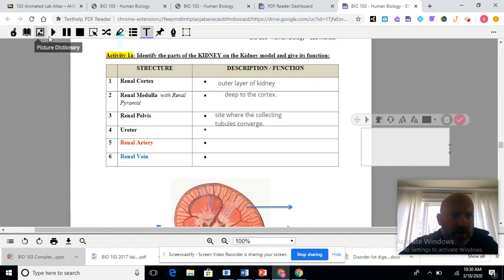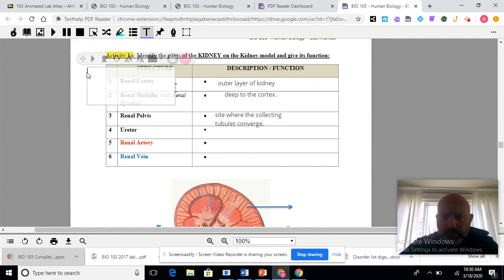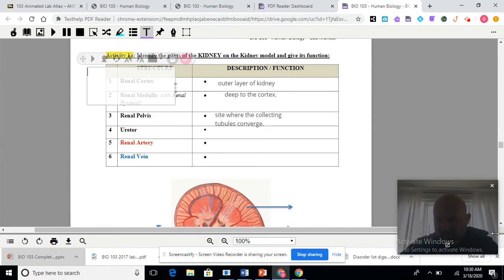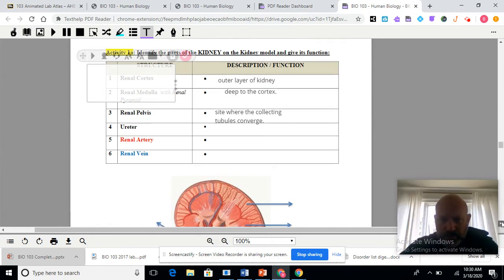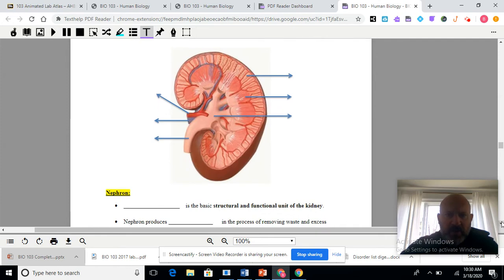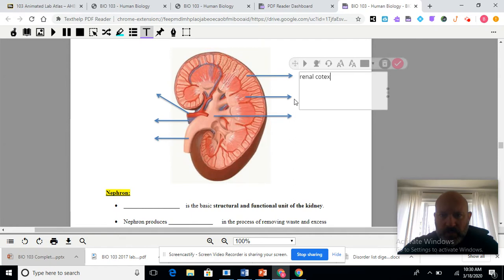But what we can do, let's scroll down a little bit, is we could label this. All right, so we have the renal cortex here.